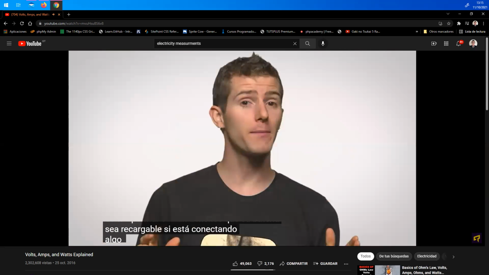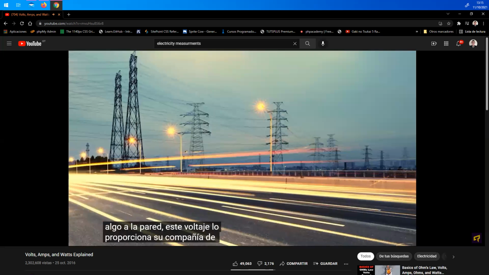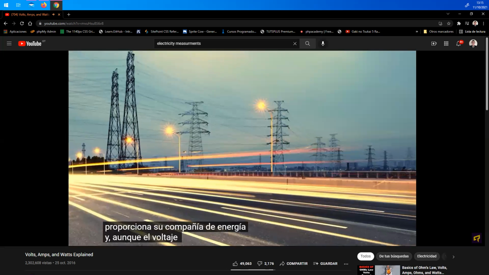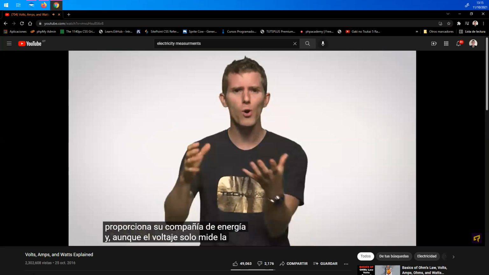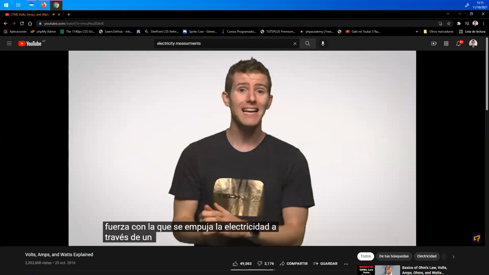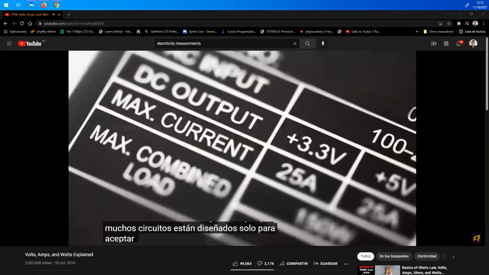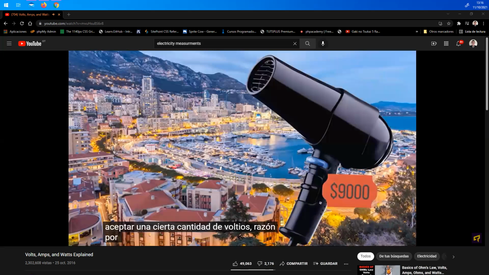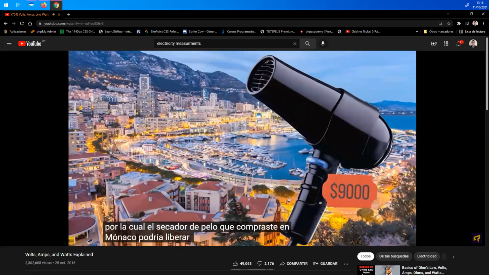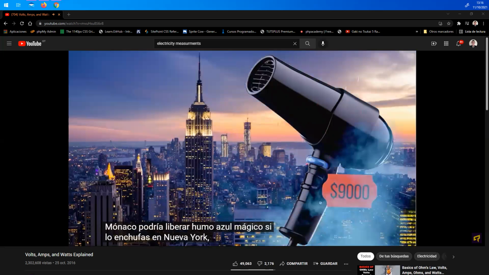If you're plugging something into the wall, this voltage is instead provided by your power company. And although voltage just measures how strongly electricity is being pushed through a circuit, it's important because many circuits are designed only to accept a certain number of volts, which is why the hairdryer you bought in Monaco might release magic blue smoke if you plug it in New York.